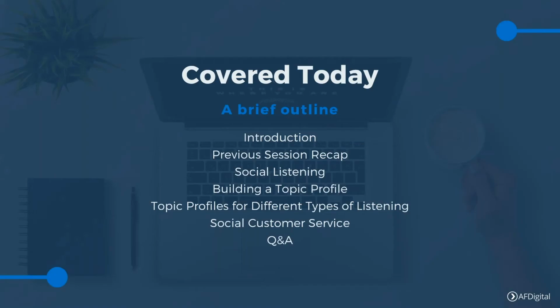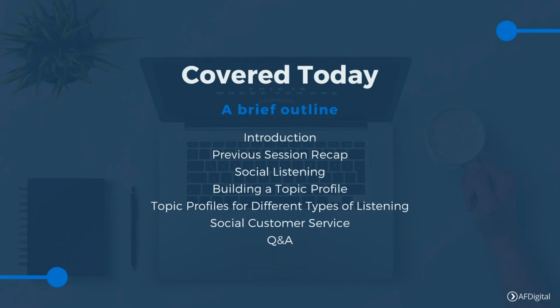So to get things started, let's have a quick rundown of the things that will be discussed today. As promised, I will have a quick recap of the previous session, just some of the key concepts that were introduced and some of the things that we'll be going back to in this discussion. Then we'll move over to what social listening is, what the benefits of social listening are, and the different types of social listening.